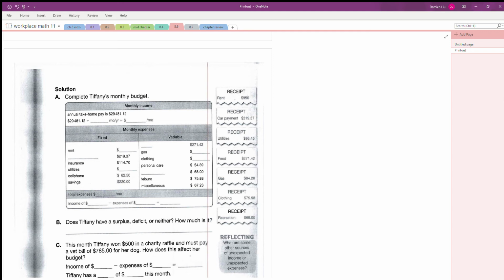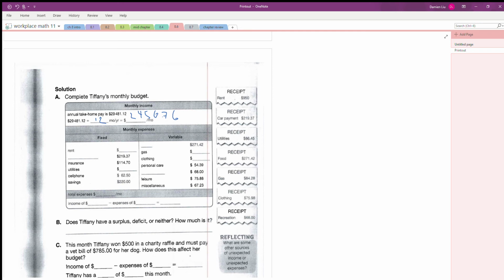But we need it per month. There are 12 months in a year, so I'm going to divide by 12 to find out what she's making per month. And I get $2,456.76. All right, so that's what she's got coming in.